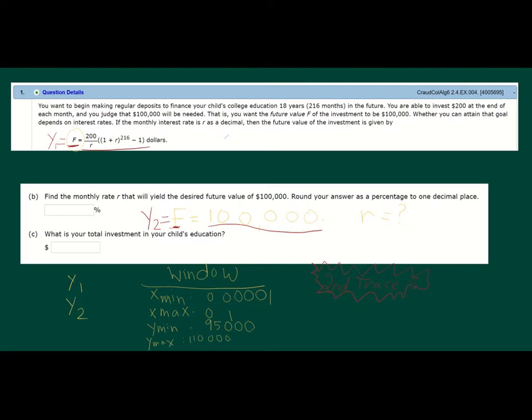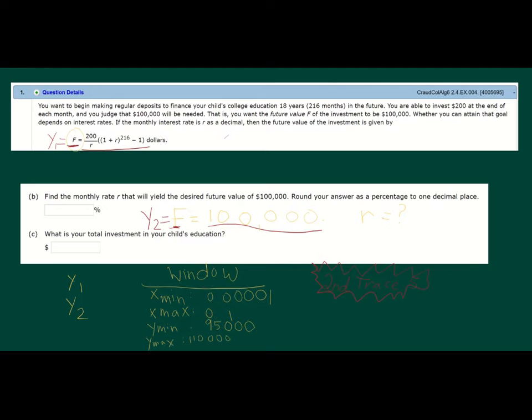All right, so for this problem, I had to search for quite a while to find an appropriate window that showed me what was really going on with these two functions. I had to make my x-min very, very small, and my x-max is still pretty small. It's just 0.1. So the biggest R value, the biggest monthly rate that's being shown in this window is 0.1.